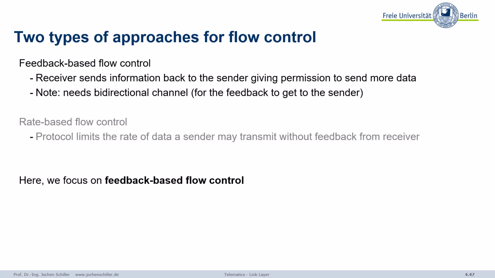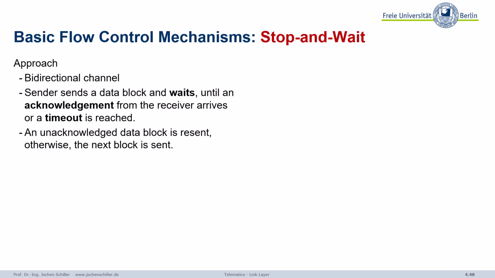Again, we start with a very simple approach. Basically the simplest protocol we can think of is called a stop and wait protocol. So we need the bidirectional channel because we have to be able to say stop, that's enough.